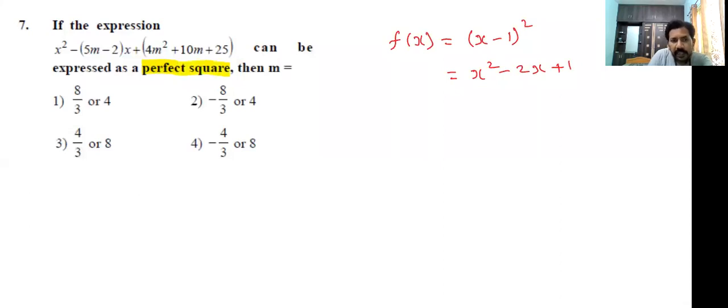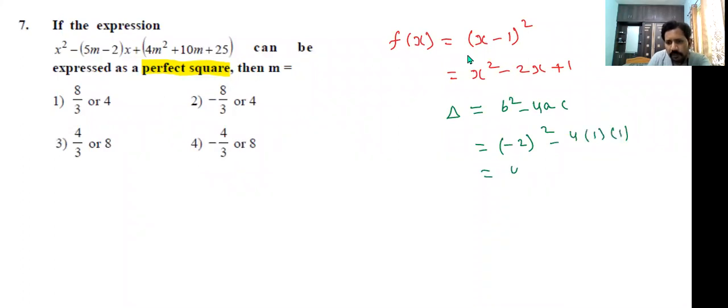Here find discriminant delta. What is the discriminant formula? B square minus 4ac. Substitute minus 2 whole square minus 4 into a is 1, c also 1. Overall, observe this 4 minus 4, that's equal to 0.